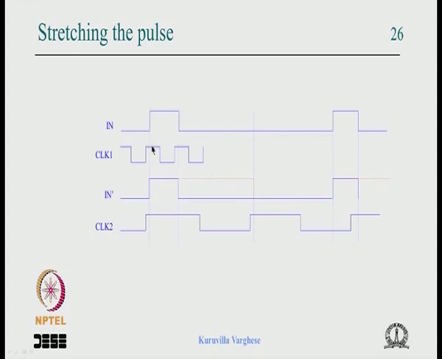Now if we choose a clock period to detect the change in this input, because this is coming to the state machine, we should detect that it has changed the state. To detect that we need a clock period which is less than 10 nanoseconds. That means this clock frequency will be 100 megahertz, but the input frequency itself is only 1 megahertz.